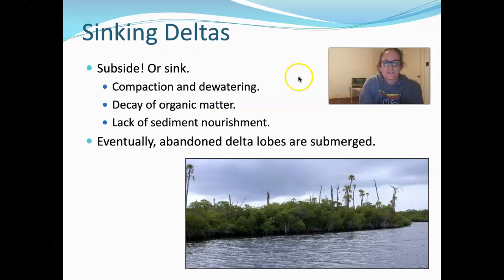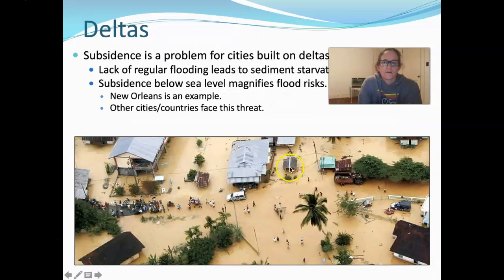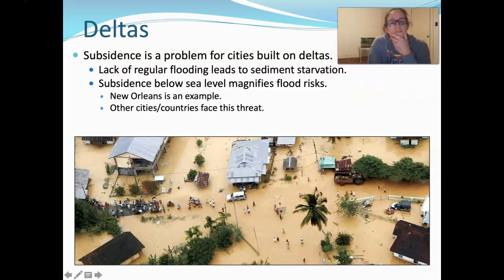So eventually these abandoned delta lobes here that are the wetland environment of the lower Mississippi Delta are disappearing. Okay, so it's a problem for cities that are built in these deltas. New Orleans is an example of this as well. So lack of flooding is starving the delta, and along with sea level rise is causing areas like New Orleans to flood.